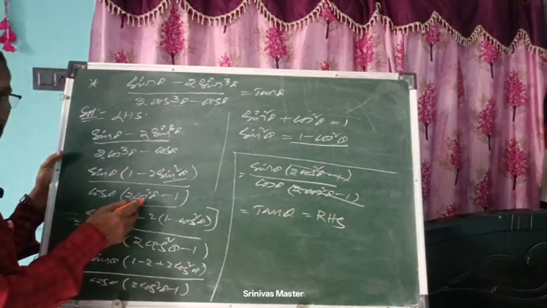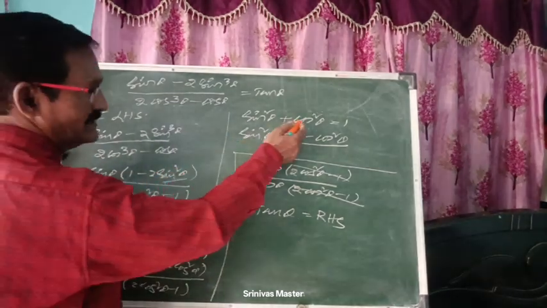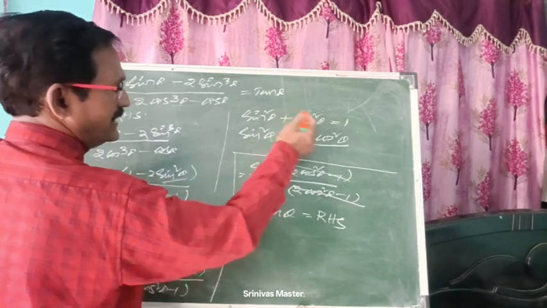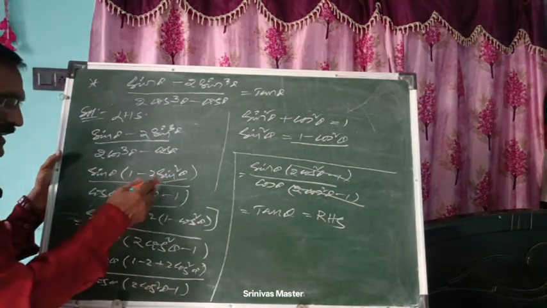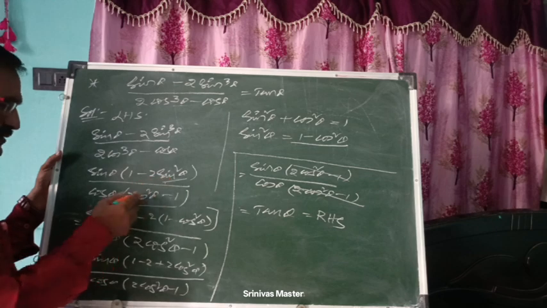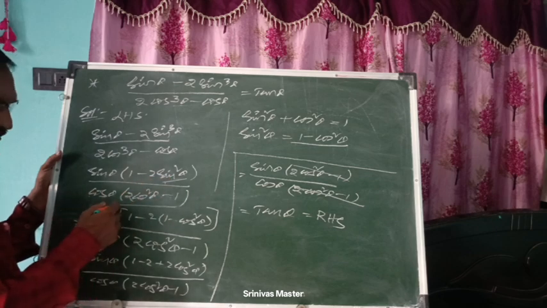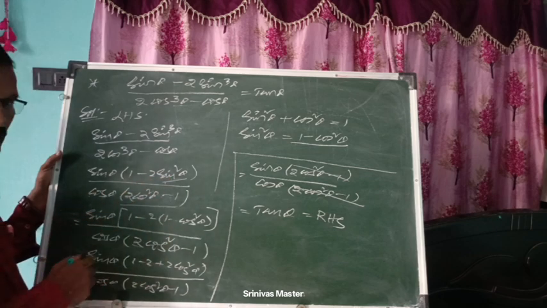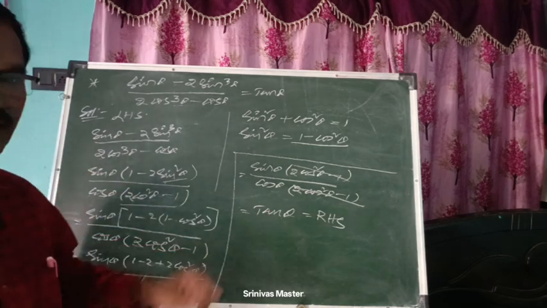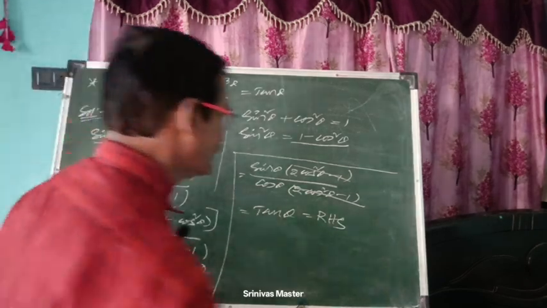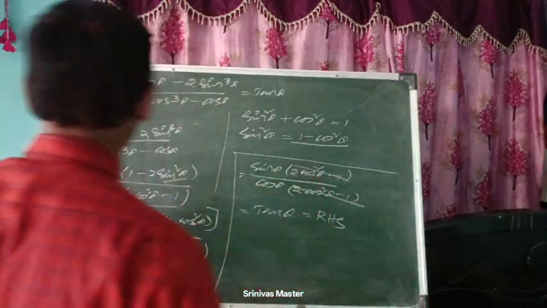If you want to eliminate cos square theta, then cos square theta equals 1 minus sin square theta. Only one I told you to eliminate. So I am eliminating sin square theta, and this one will be stable. The denominator you can write as usual. Then after simplification we will get the result tan theta, so LHS is equal to RHS. Be careful, children.